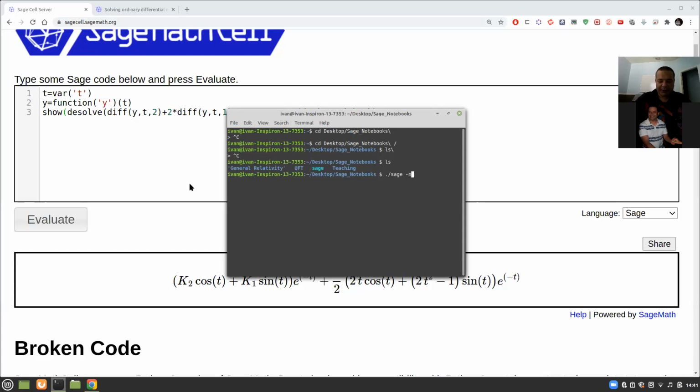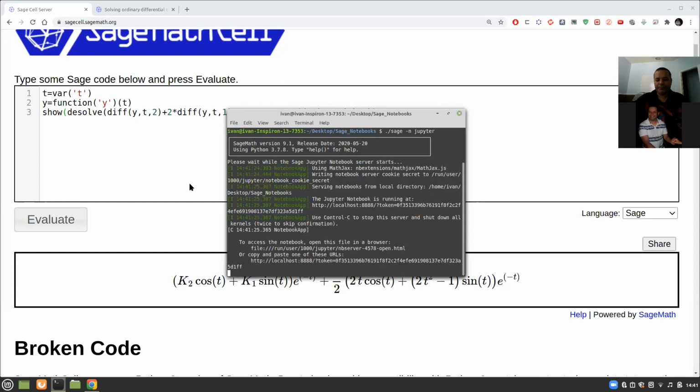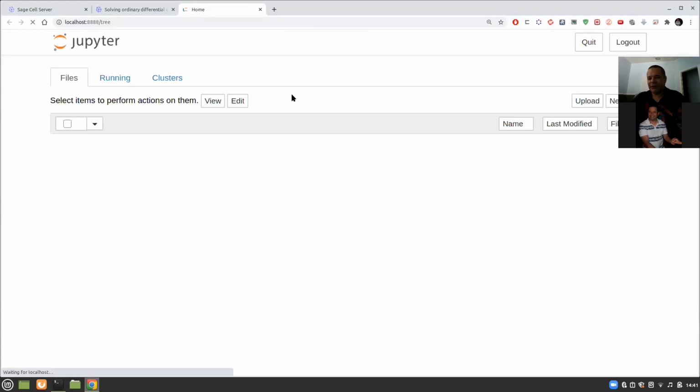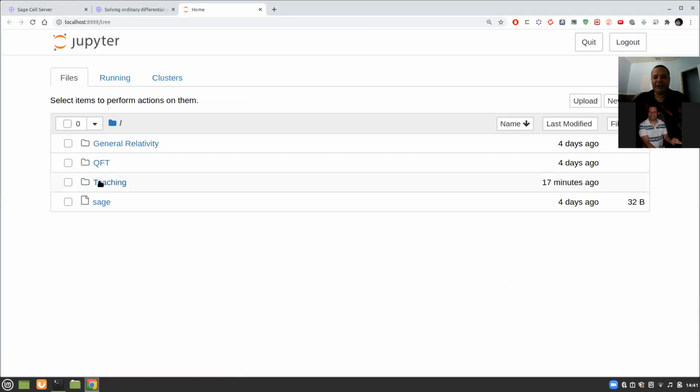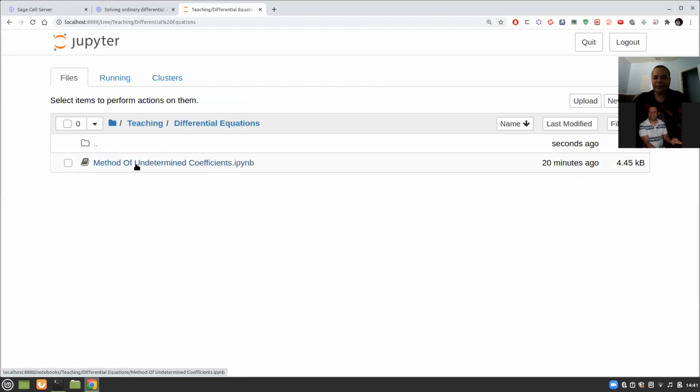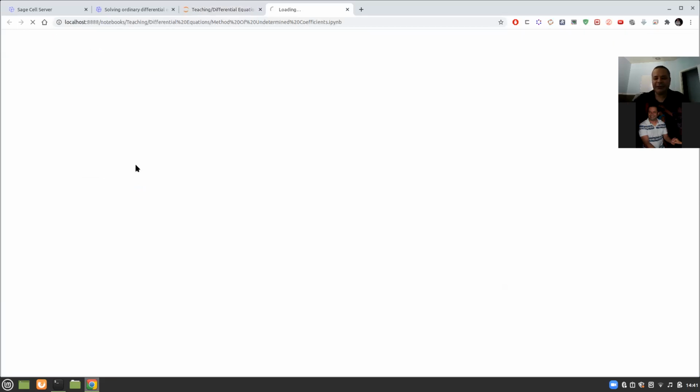I'm opening it on my own computer. It'll open a notebook. It's a little bit faster on my own computer because it's not running on the cloud. I've already got a setup for wanting to do this.